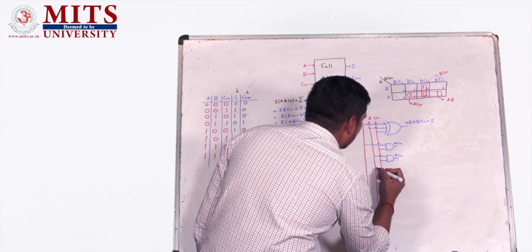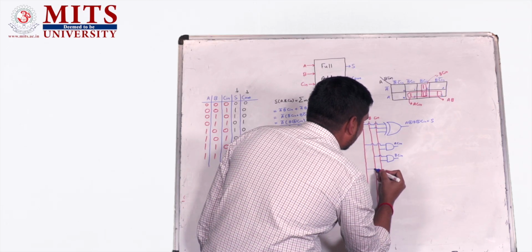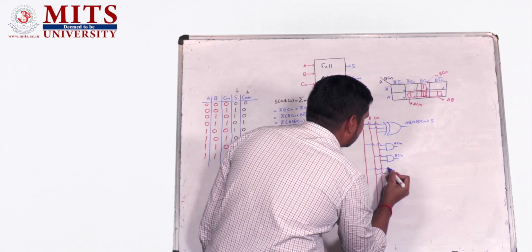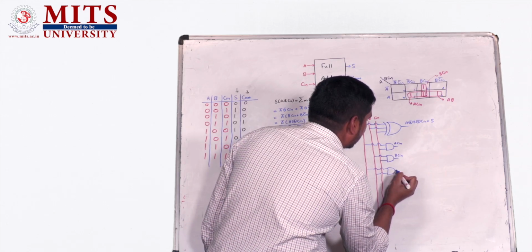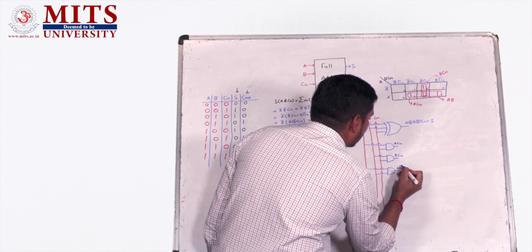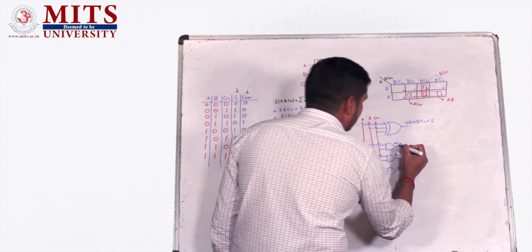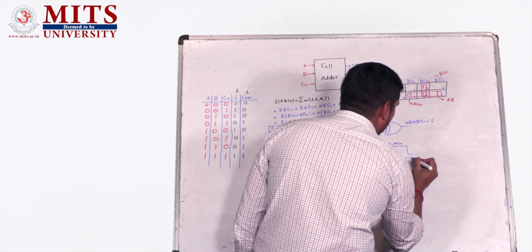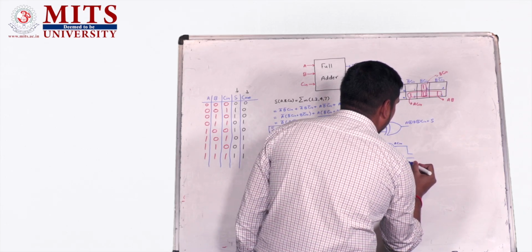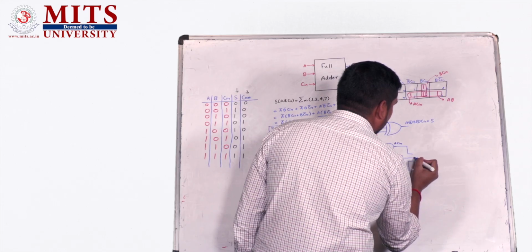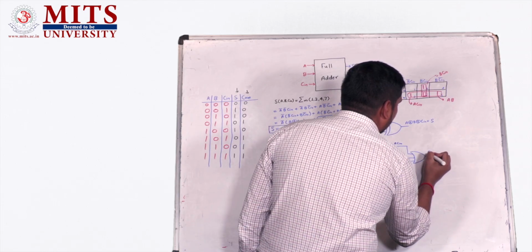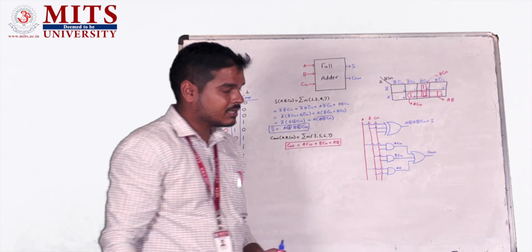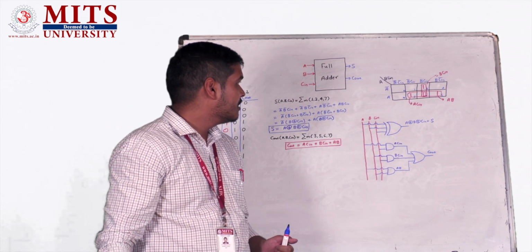Finally, we need one more AND gate between A and B inputs. That is A, that is B, and one more AND gate will be producing this AB. And finally, these AND gate outputs are required to be logically added. This logical addition will be performed by this particular OR gate. So this is the desired circuit for the full adder.